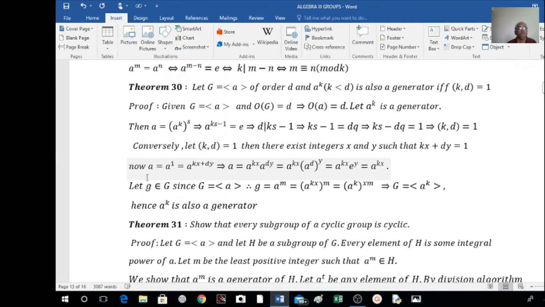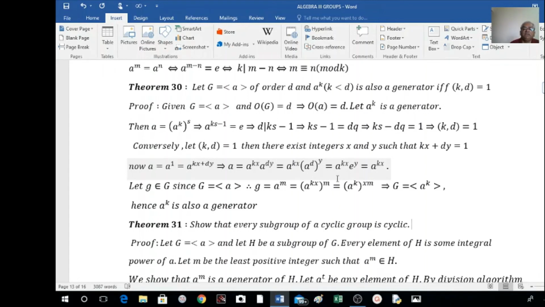Now a can be written as a to the power of 1, and 1 can be written as kx plus dy. This implies a is equal to a raised to kx plus dy, which can be written as a^(kx) times a^(dy), which is a^(kx) times (a^d)^y.